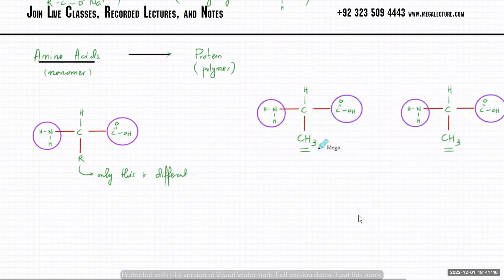If there's a methyl group as the R group, then you might have CH with two CH3 branches. So this is definitely valine.